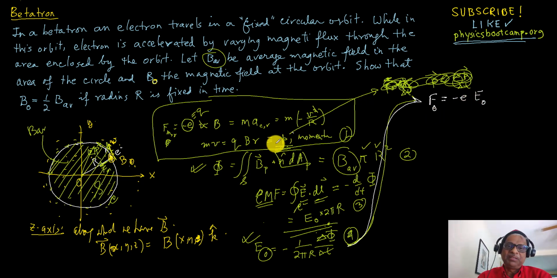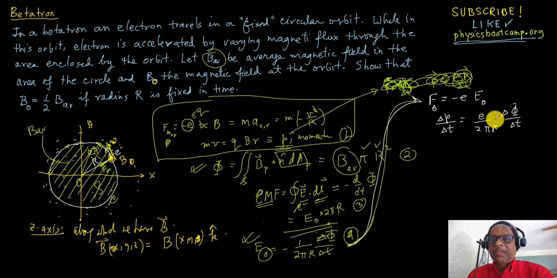Well, if this is the momentum, then force will be change in momentum over change in time. And so if I put this over there, I get E over 2 pi r delta phi over delta t. This momentum is in the angular direction, and the force is in the angular direction.